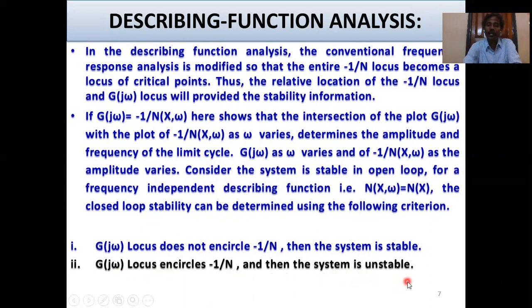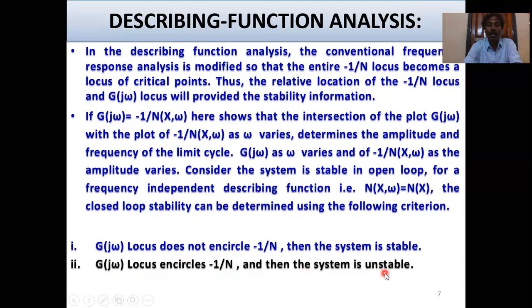For what condition will the system be unstable? When the G of j omega locus encircles the minus 1 by N locus, then the system is unstable.